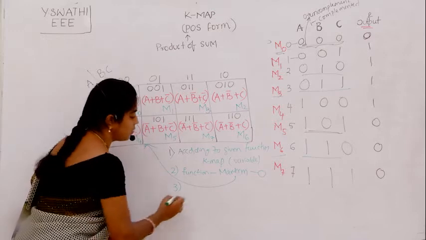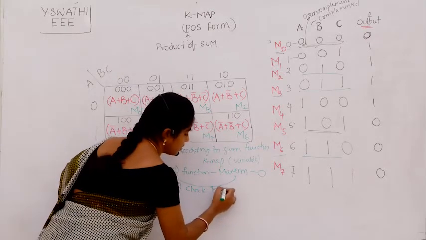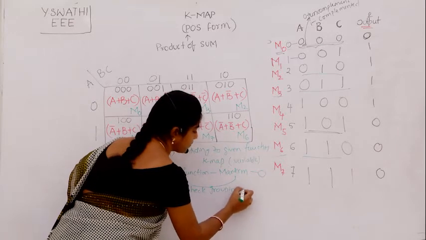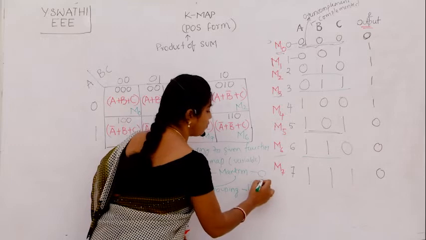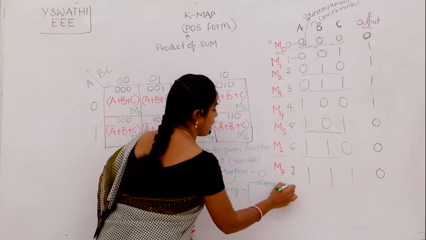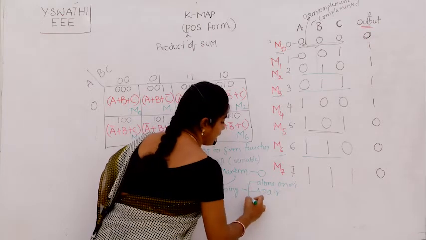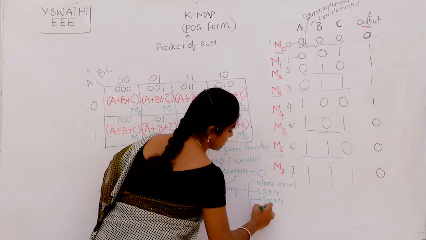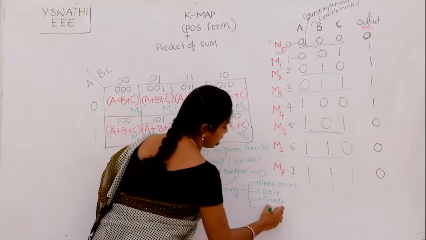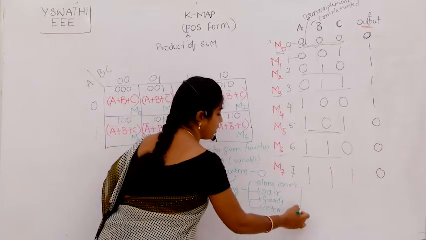And the next one, we should check for grouping. In this grouping, we should first check for alone ones, then we should check for pairs, and then quads and octets. So we should follow this priority.